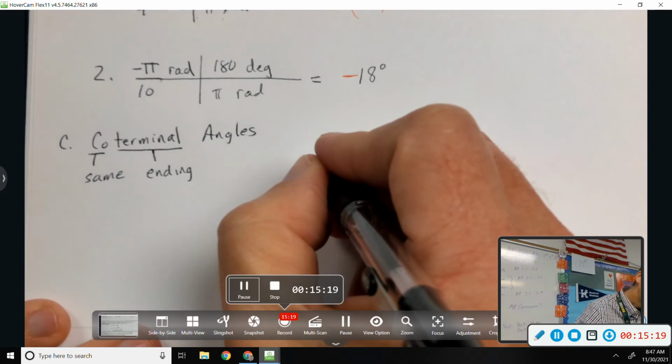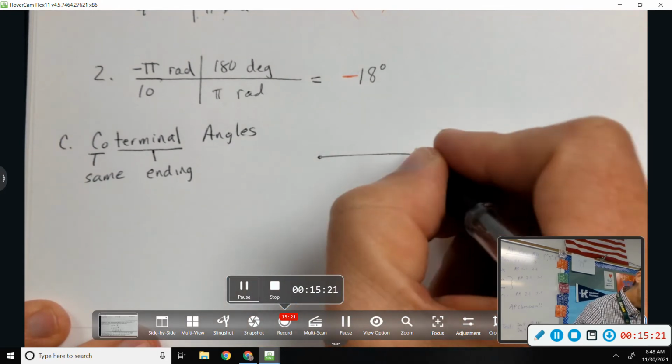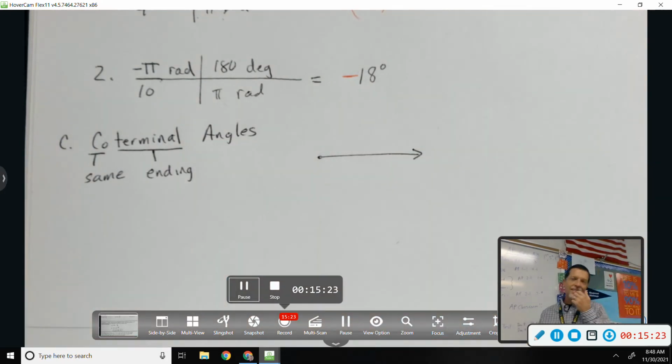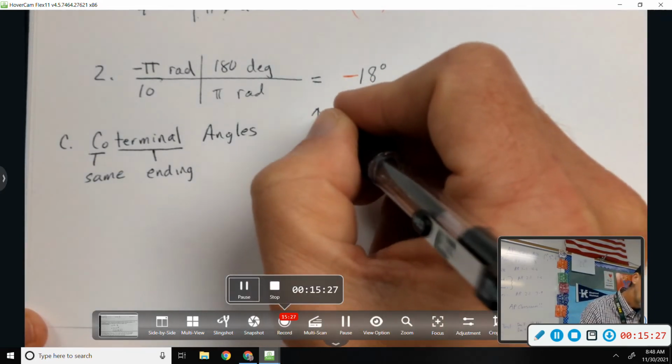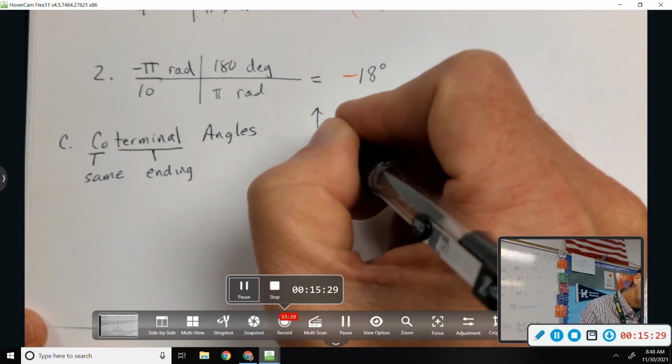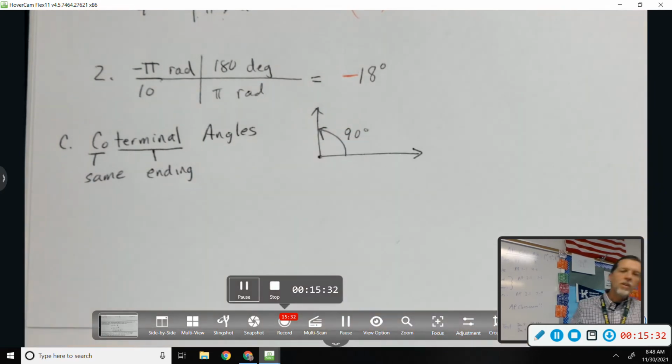Let's see if we can come up with an example. We always start at the positive x-axis. If I rotate 90 degrees, that would be an angle. A coterminal angle would be another angle that ends at the same spot.